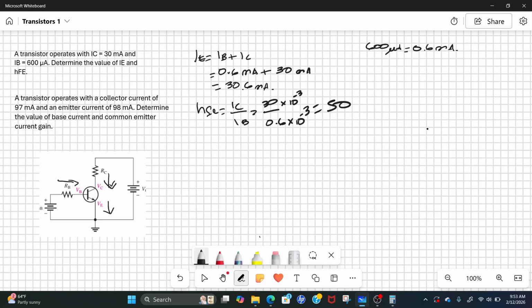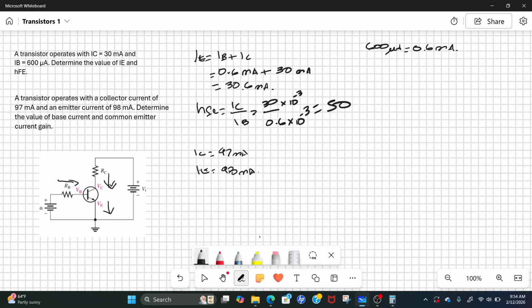In this case, we have a collector current of 97 milliamps and an emitter current of 98 milliamps. And we need to calculate the base current. So this is the formula. Current of the emitter is equal to current on the base plus current of the collector. But now here we have the emitter current.